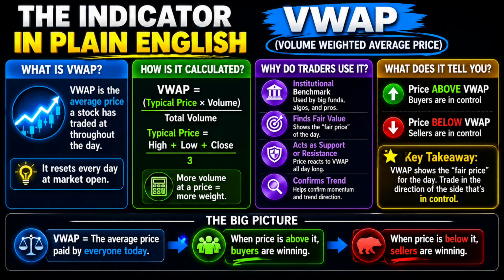Failing below VWAP can suggest bearish weakness. Third, VWAP can act like dynamic support and resistance because price often reacts around that line. And fourth, VWAP helps confirm entries and exits by giving traders context before they jump in.